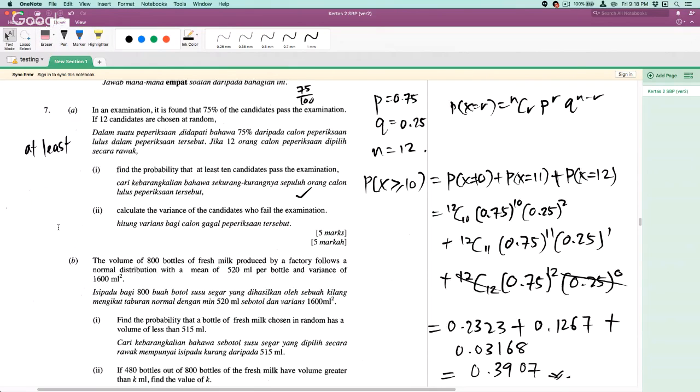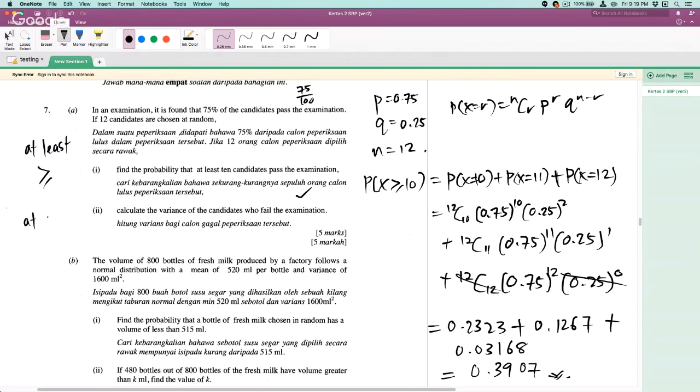If today I give you some pocket money, and I promise you I will at least give you 5 ringgit, can I give you 5 ringgit? Yes. If I say I at least give you 5 ringgit, it means I can give you 5 ringgit or more than 5 ringgit, 6 ringgit, 7 ringgit. So at least actually means bigger or equal, because I can give you 5 ringgit. So there must be the equal sign over there.